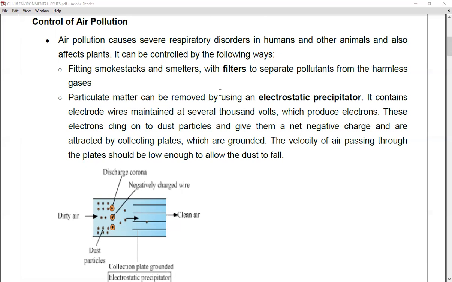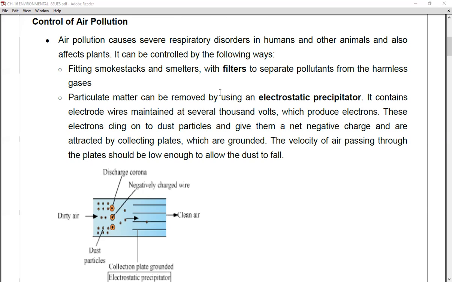Wherever an industry is emitting a dangerous gas, or any emission which is not good or is harmful for humans, in those chimneys there should be smelters and smokestacks fitted, and there should be several filters to separate the pollutants and the gases. So the gases can be easily emitted into the air and the pollutants are filtered out.